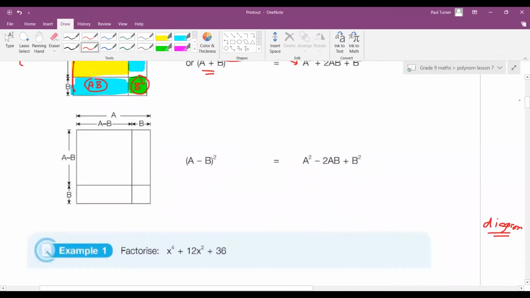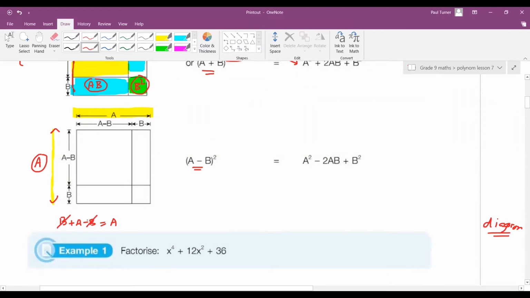In this diagram here, they set it up a little bit differently because we want to have (a - b) squared. Okay, so what they did here, they put the total length as a, and this total length is also a. Yeah, let's put that there. a here, because we know that b plus (a - b) will be a, correct?